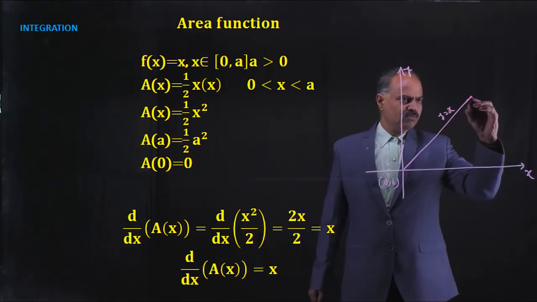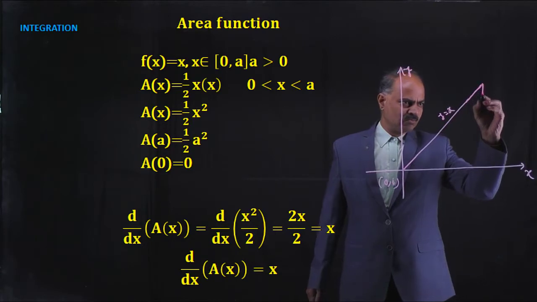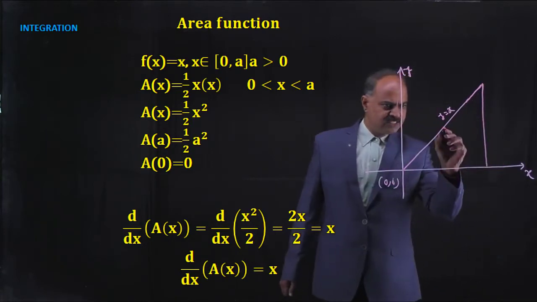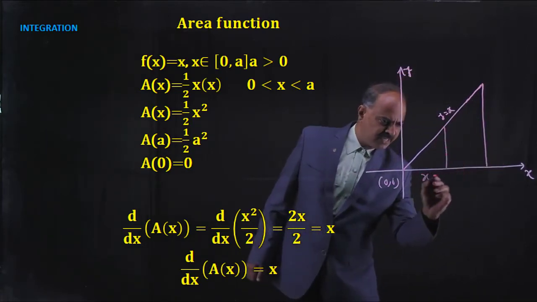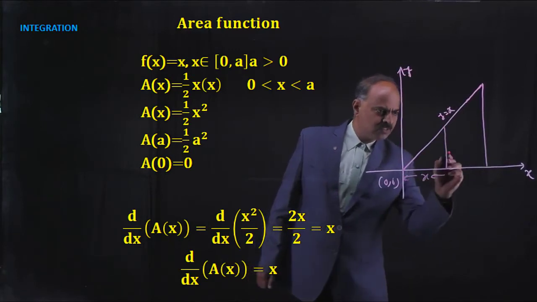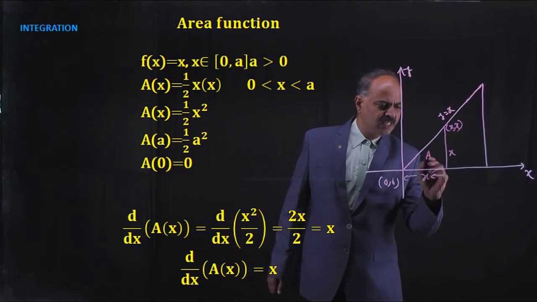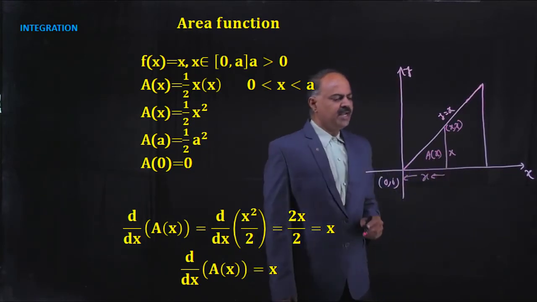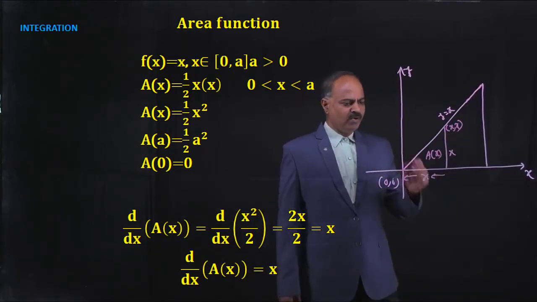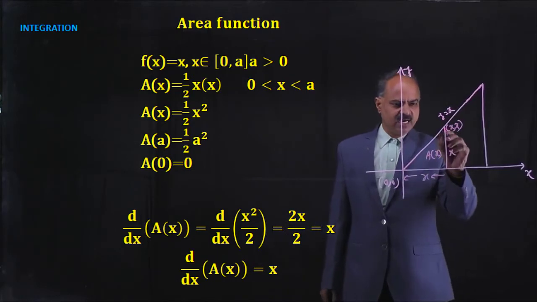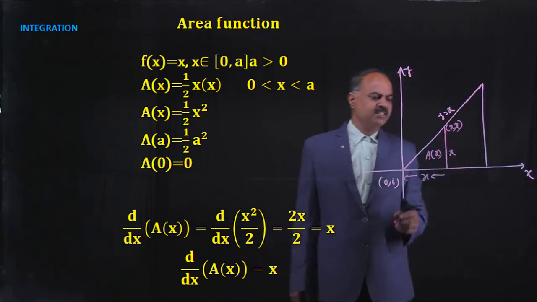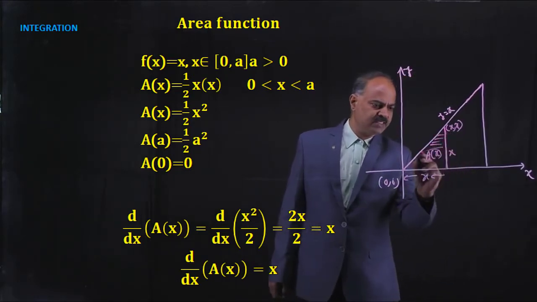Now here this is A of x. This is x, this is the point x comma x. So A of x equals the area bounded by y equal to x, the x-axis and the line x. This area is equal to A of x.